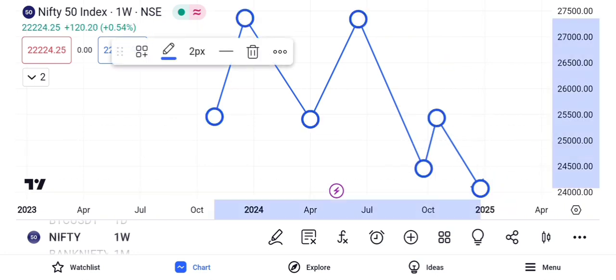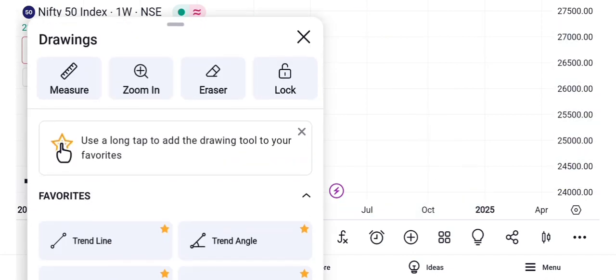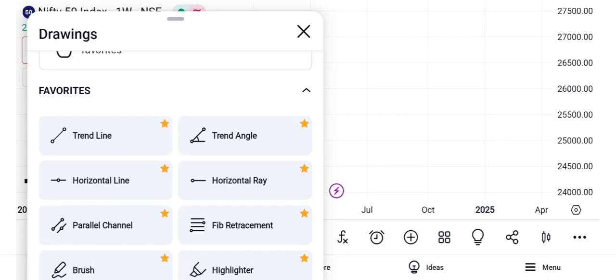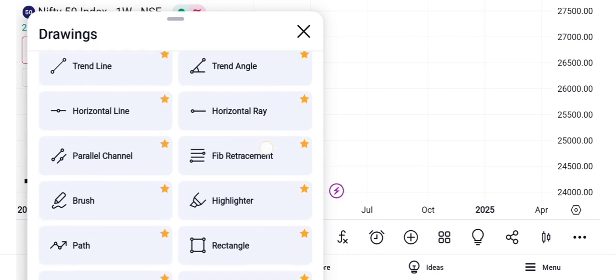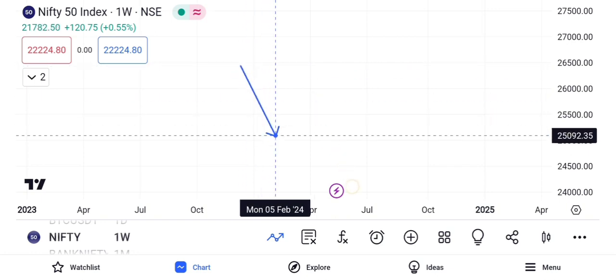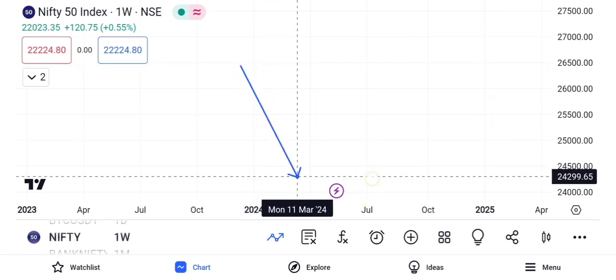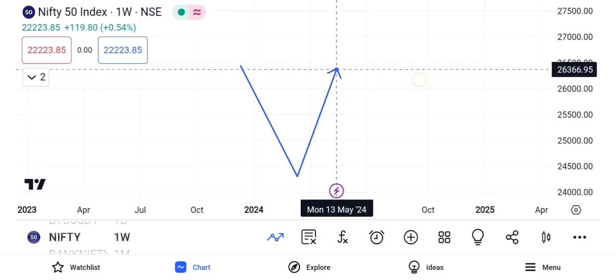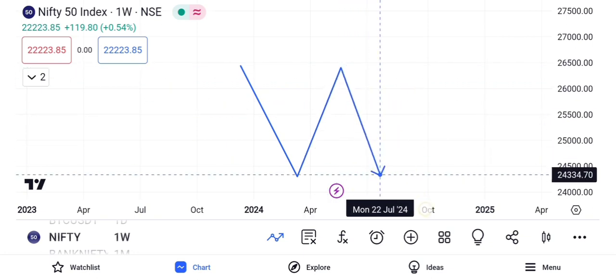Okay friends, so this is the first chart pattern, and the second chart pattern is the W pattern. Okay, this is actually the reverse of M pattern. This is also called double bottom.